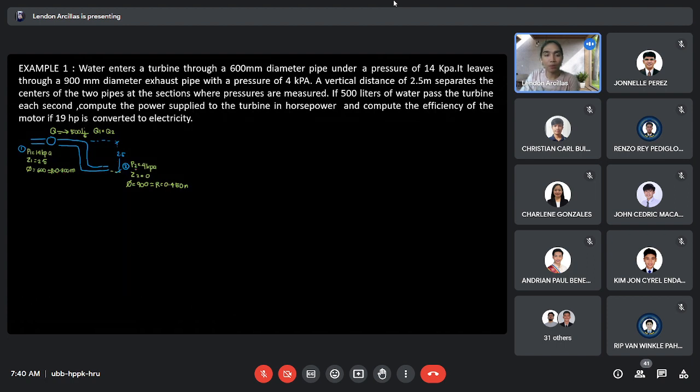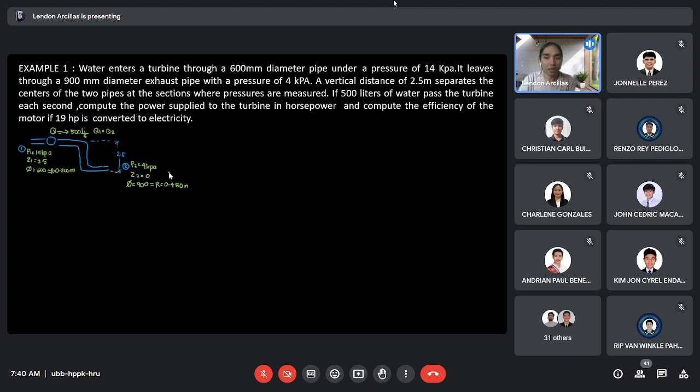At point 2, after the water exits, since this is water, its pressure will just be 4 kilopascal. And of course, from the datum, point 2 is 0. And its diameter became larger. It is not so obvious here, but its diameter became larger, which is 900 mm. I convert this to radius, it becomes 0.45 meters.